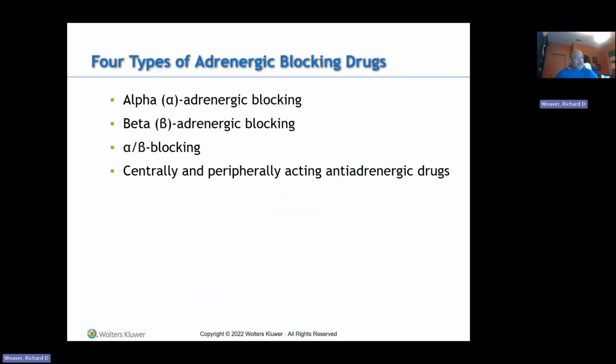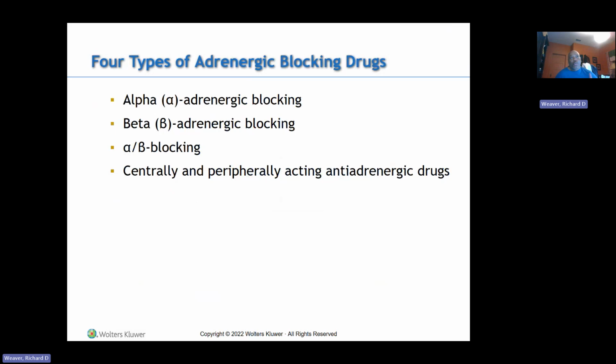Now, take a look at the various adrenergic blocking drugs. You have the alpha adrenergic blocking, which we just mentioned with respect to the blood vessels. You have the beta adrenergic blocking drugs, your beta blockers, with beta adrenergic receptors located on the heart. And then you have both alpha and beta blocking, and remember, those are your non-selective.